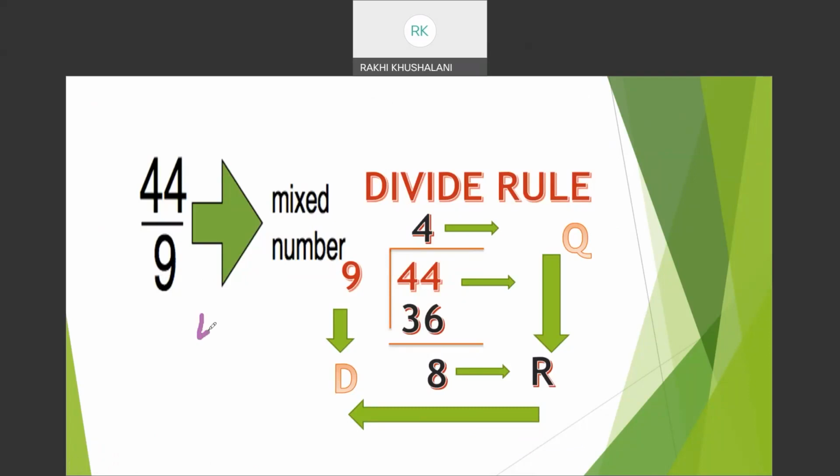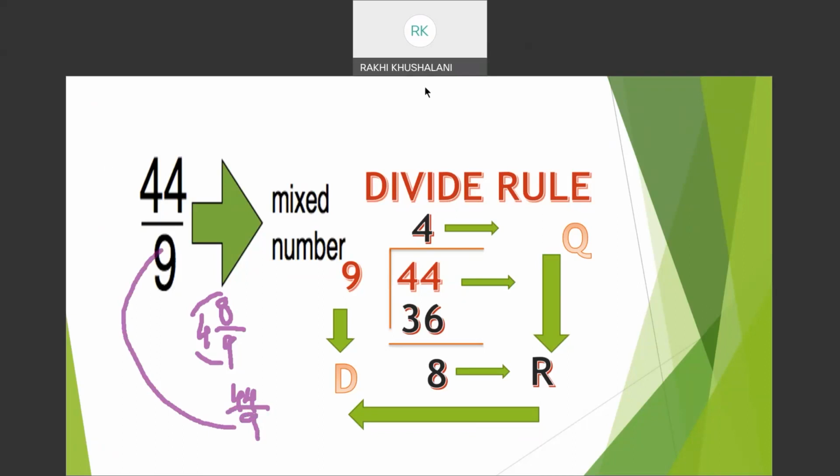Your Q is 4, remainder is 8, denominator is 9. Let's apply MAD here. So 4 into 9 is 36. 36 plus 8 is 44. So it becomes 44 by 9, that is the denominator. Right? 44 by 9. Am I getting my answer correct? Yes, I have got my answer correct.